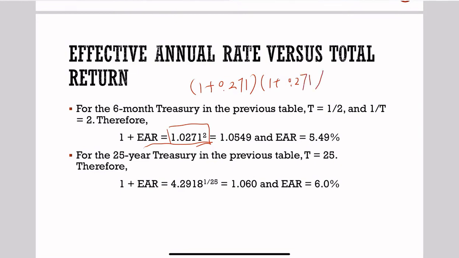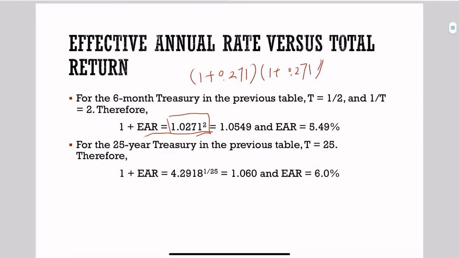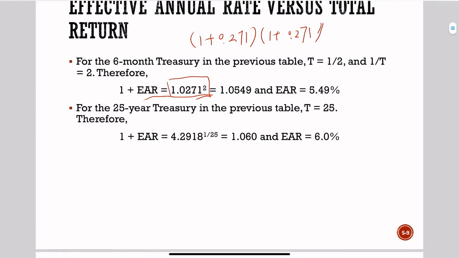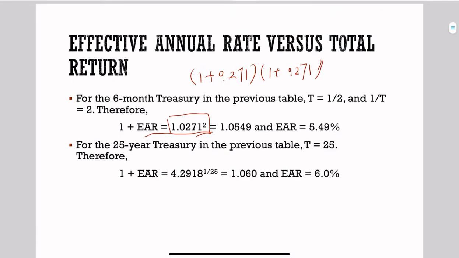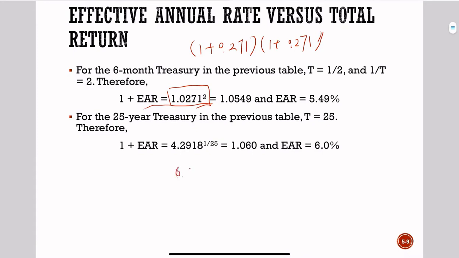This is the compound interest rate. If you're annualizing returns using simple interest rate, then you will just use 0.271 times 2. So in this case, this number, 0.542, is APR.